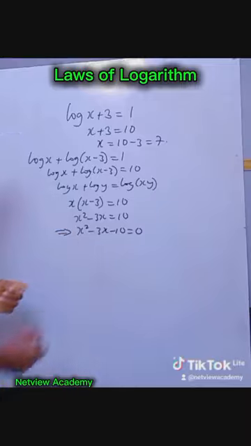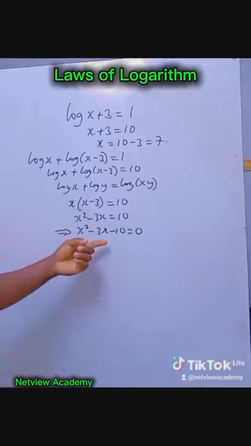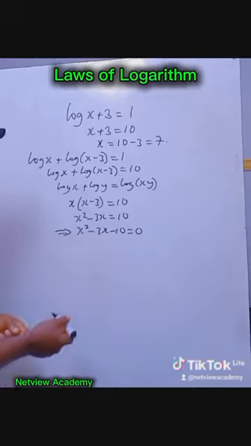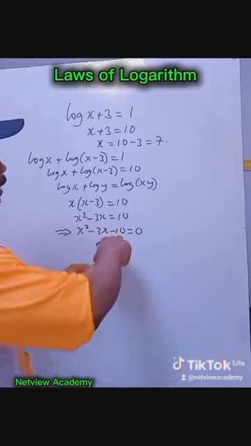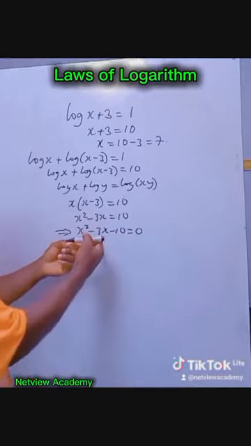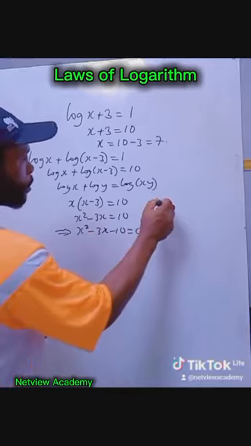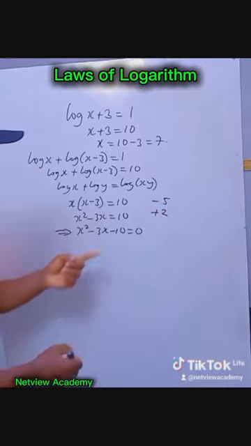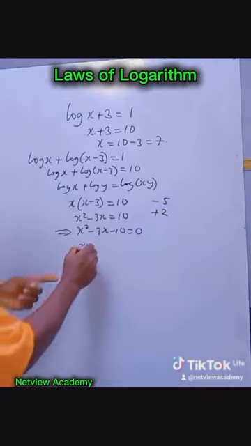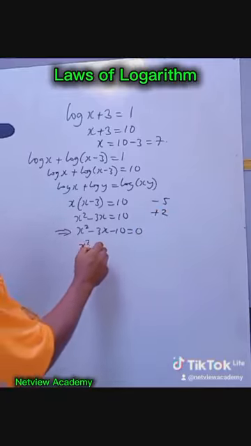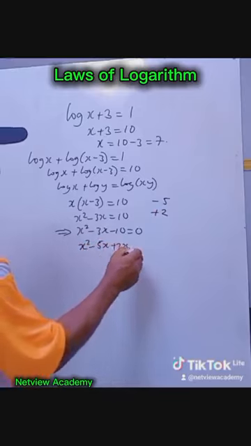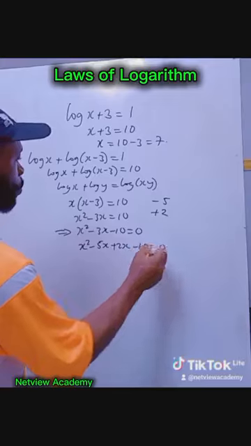This is a quadratic equation. And to solve this equation, we need to look for the factors of 10 that sum up to give us minus 3. And the factors of 10 that sum up to give us minus 3 are minus 5 and plus 2. So this expression is x squared minus 5x plus 2x minus 10 is equal to 0.